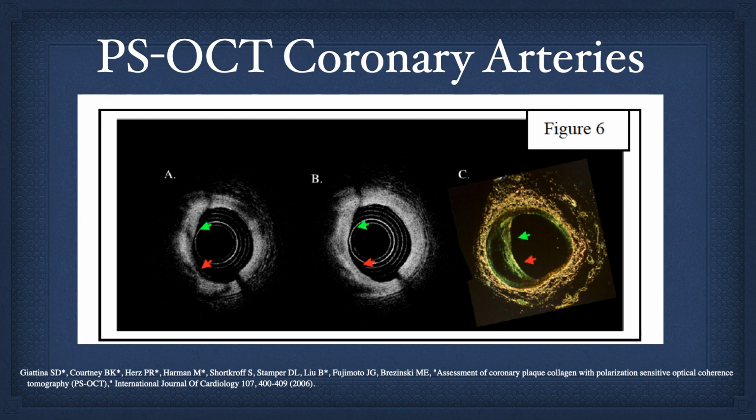And so if I were to do the study, and we have put the polarization paddles on a LightLab system, and we've put them on Thorlabs systems, I would engineer the system, which is not sophisticated engineering, to do polarization sensitive imaging to look for these, quote, healing plaques.